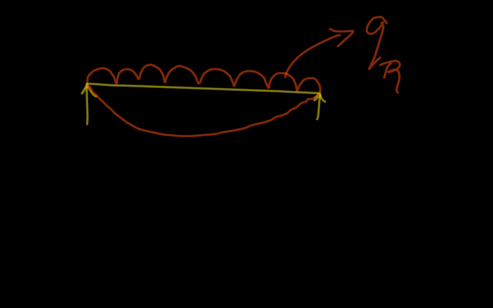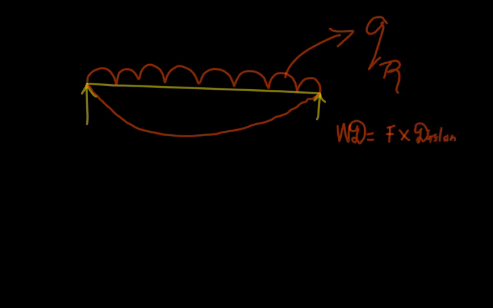Remember, if there is unwanted load, there should be unwanted work done. What is the formula for work done? It is force into distance. Work done, unwanted work done. So I'm indicating everything by red. It is force into distance traveled by the force. So that is the precise definition for work done.